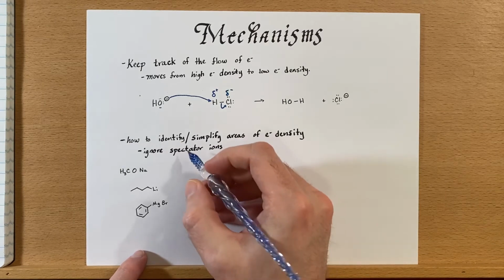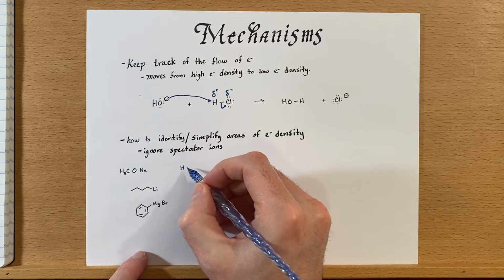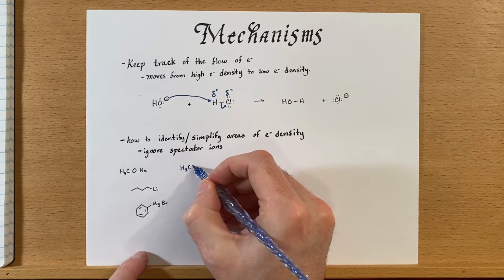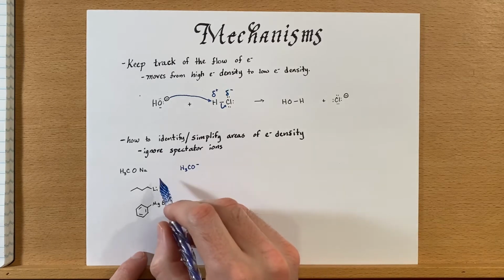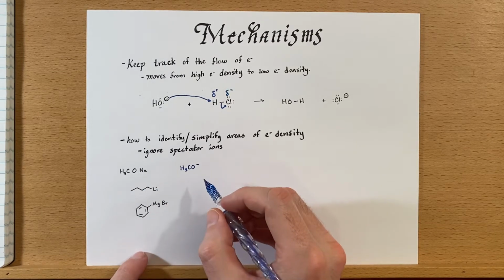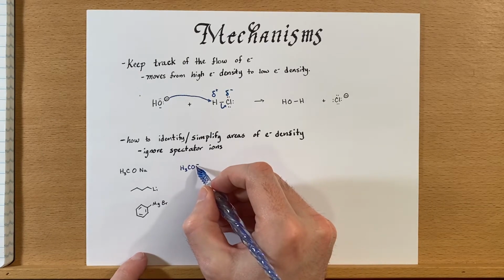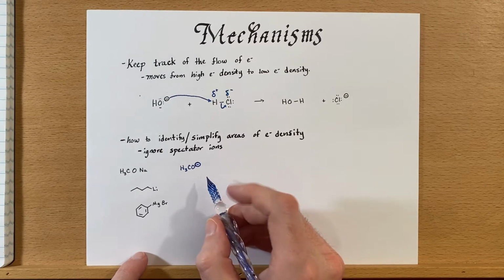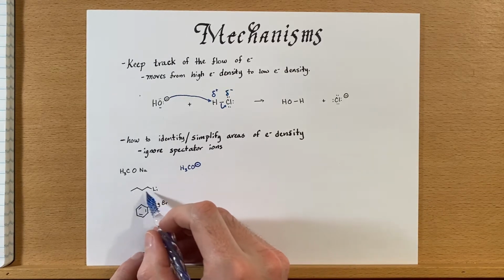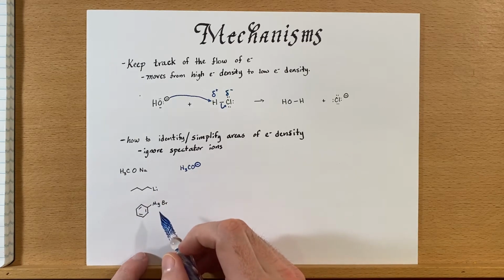So let's write out what we would actually use in the mechanism. And we'll have a negative charge there because we're removing Na+. And often we'll write the negative charge inside of a circle just so it's not confused with our shorthand notation for carbon bonds when we're using that.